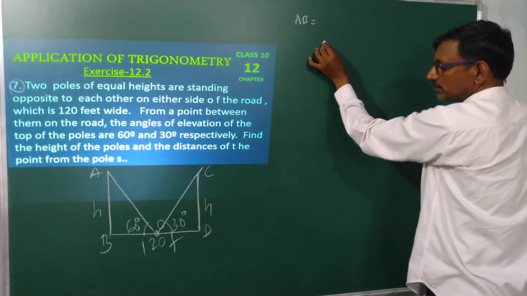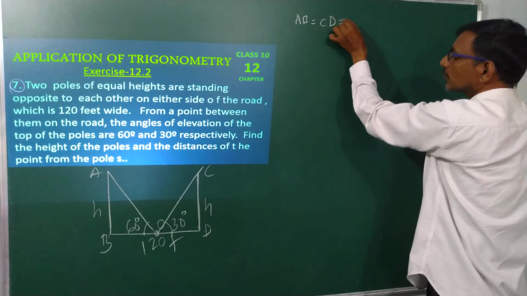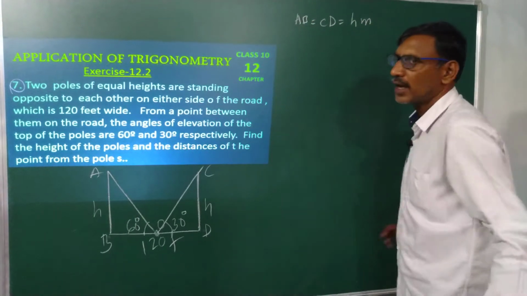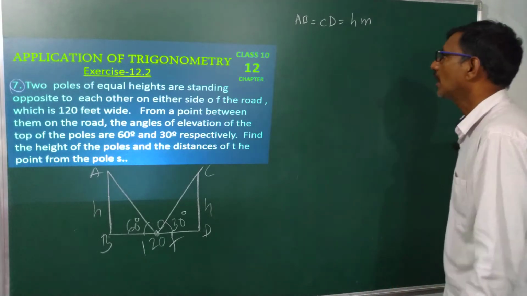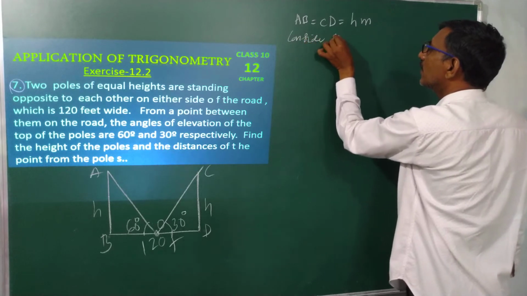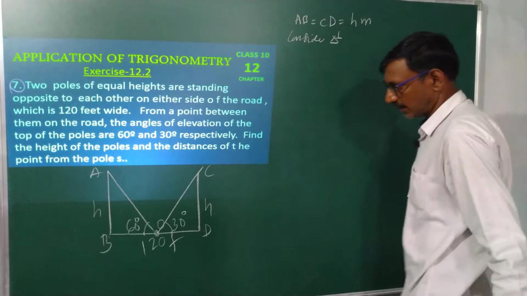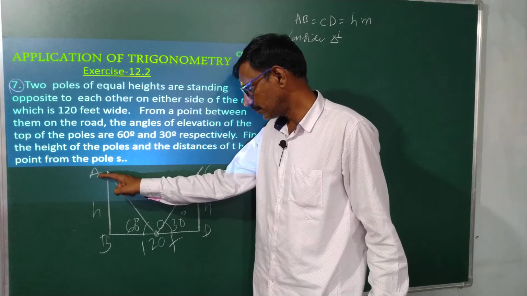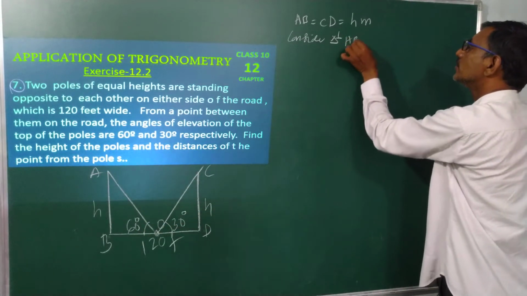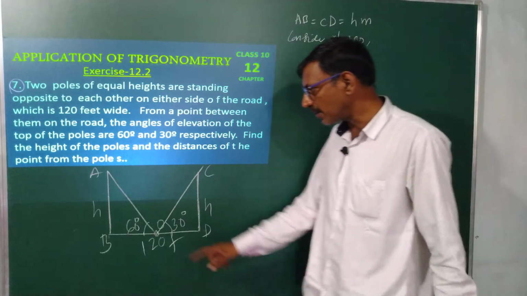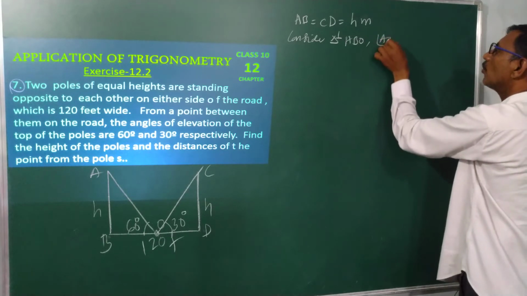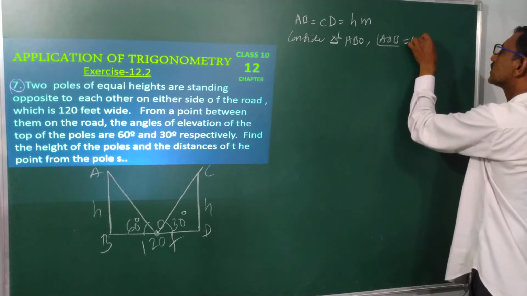Now I take AB equals CD equals H meters, and you write it down as the height of the pole. Now consider right angle triangle ABO, with angle of elevation AOB equal to 60 degrees.